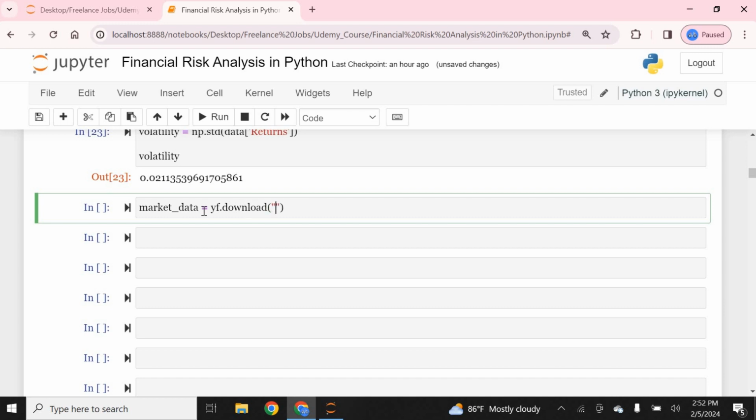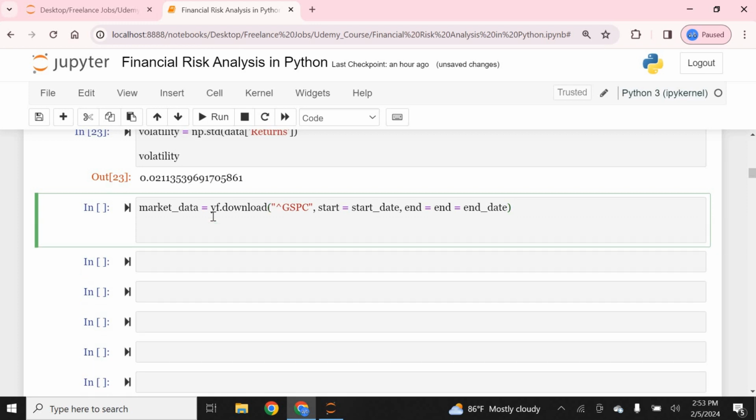Then you have to indicate the symbol. The symbol is, if I remember vividly, I think ^GSPC. Yeah, ^GSPC. Let's see if we are wrong. Then start is equal to start date, then end is equal to end date.